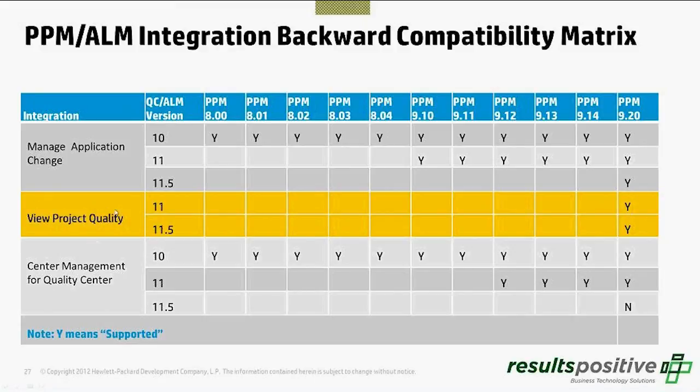The new view project quality capabilities are on both ALM 11 and 11.5 with PPM 9.2. And then the Center Management for Quality Center, which is the legacy solution that these are fundamentally replacing, is not supported on PPM or ALM 11.5 and PPM 9.2. So I think those are the key highlights of the compatibility.